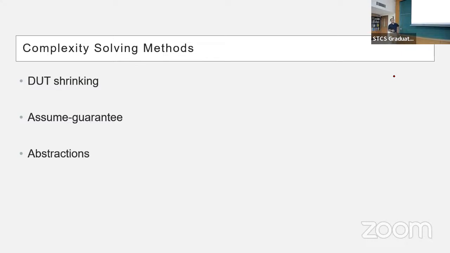There are various methods to do this. I'm going to talk about some of them, these three methods. But these three methods help the tool a little bit, and they don't guarantee that we are going to get to the state of unbounded.